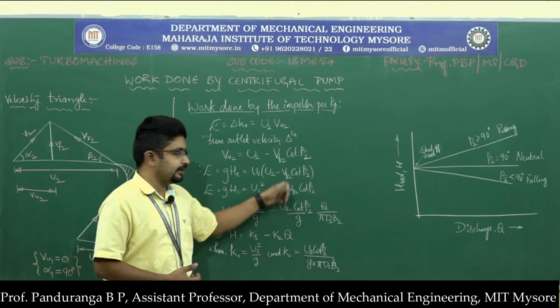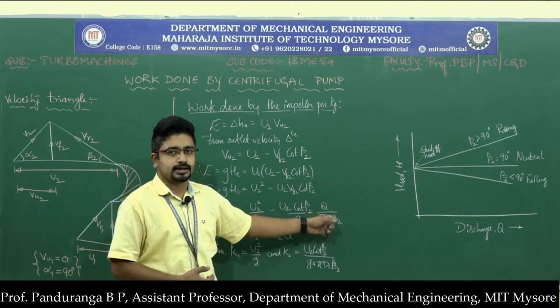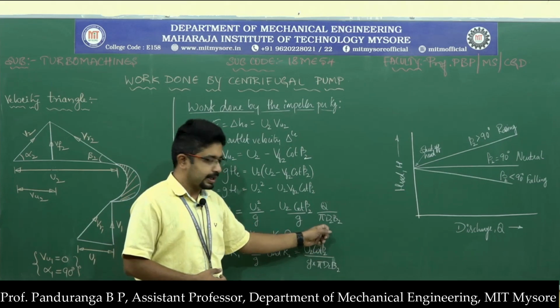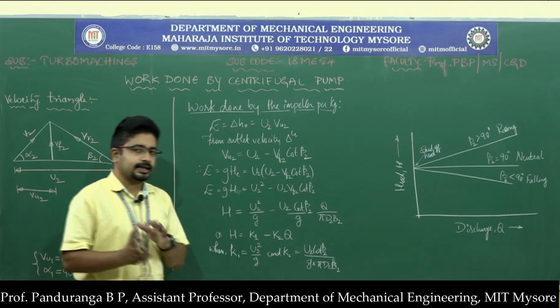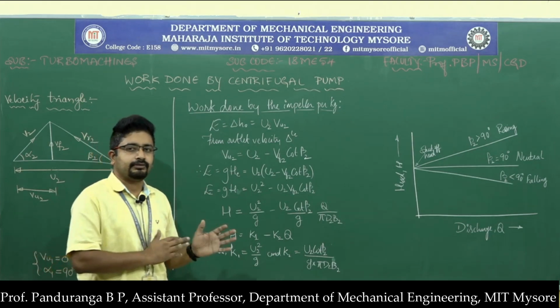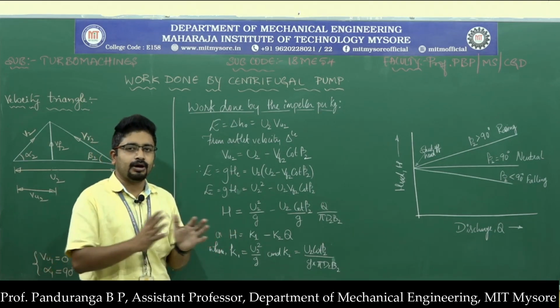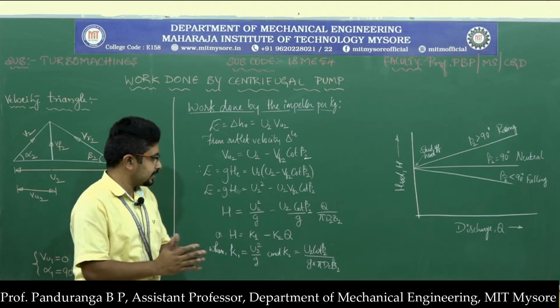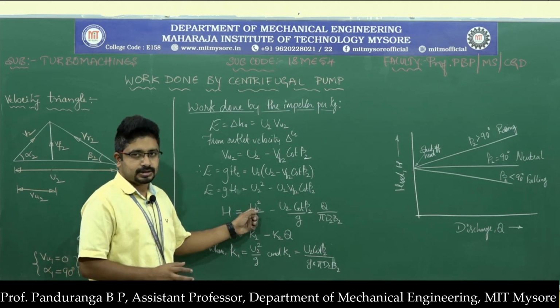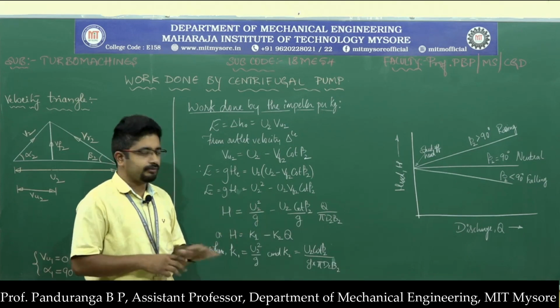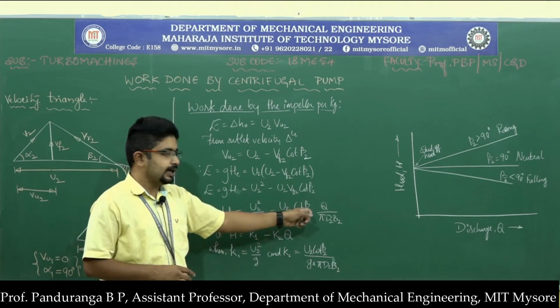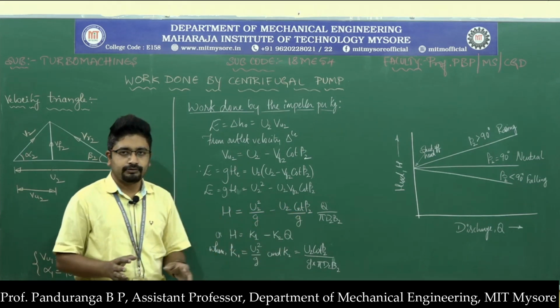So I can write Vf2 as Q, that is discharge, divided by the flow area, that is pi d2 into b2. Now when studying the variation of head with respect to discharge, I will keep all other parameters constant, that is I will keep U2 constant because we are studying it for a particular impeller. So the diameter of the impeller will be fixed, U2 will be constant and beta 2 will also be fixed.